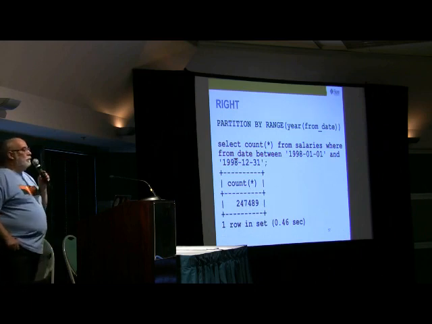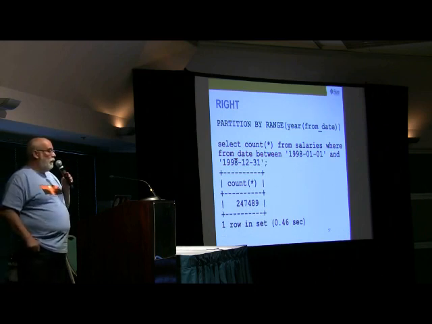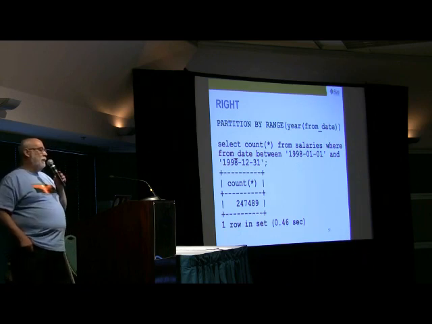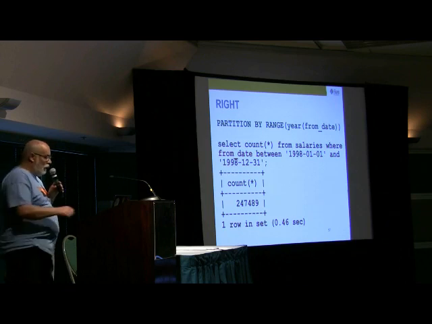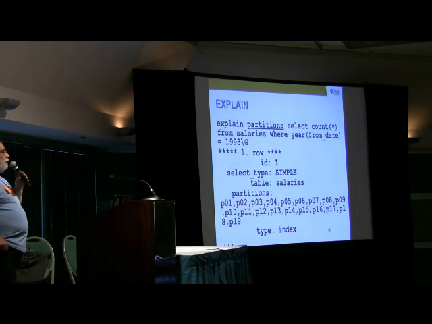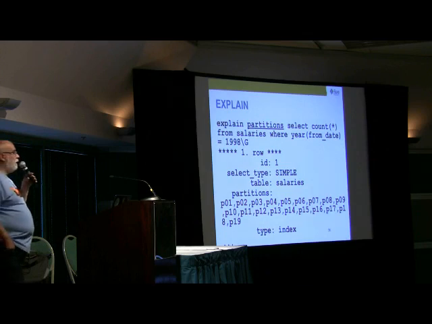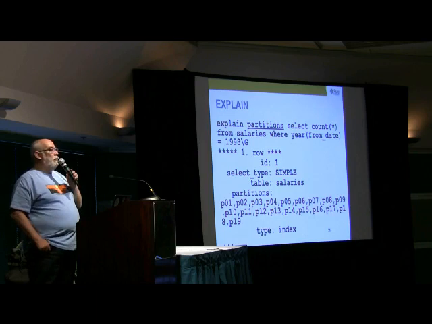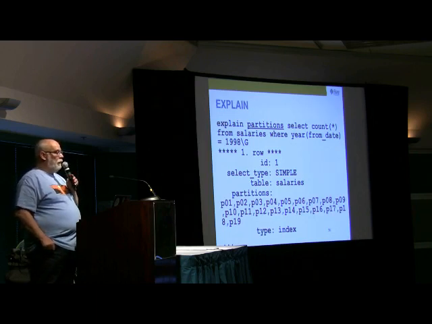Instead, if you search by column using between, then the partition pruning kicks in and you have your result in 0.45 seconds. How do I know? There is an addition to explain. So in MySQL 5.1, you can use explain partitions on the query that you have sent.